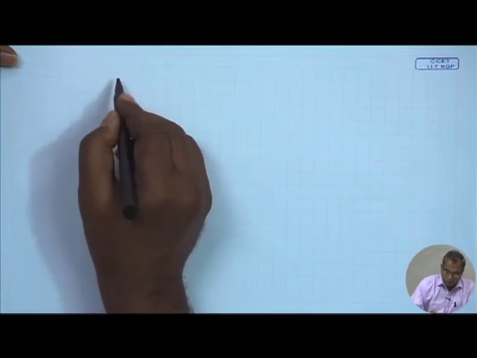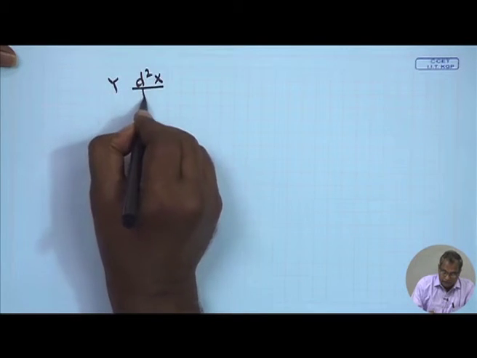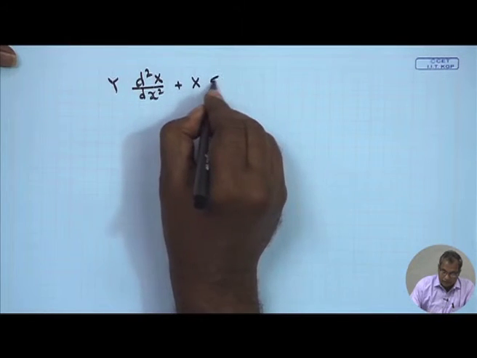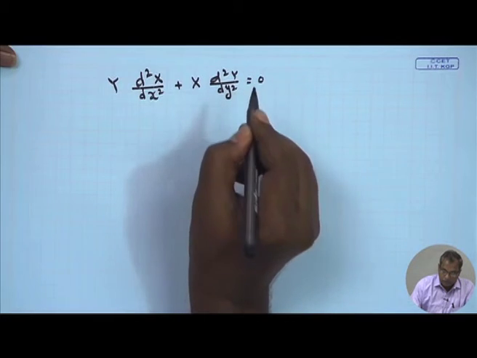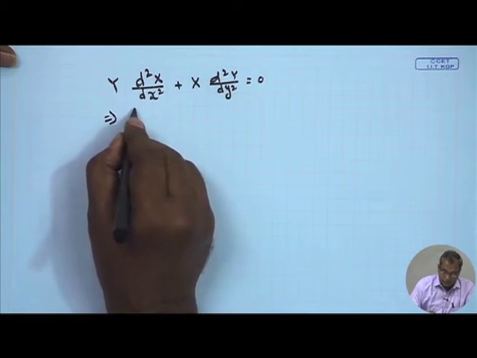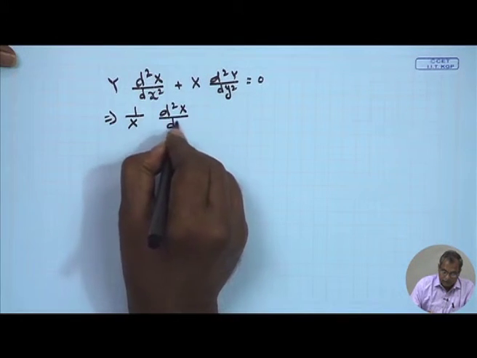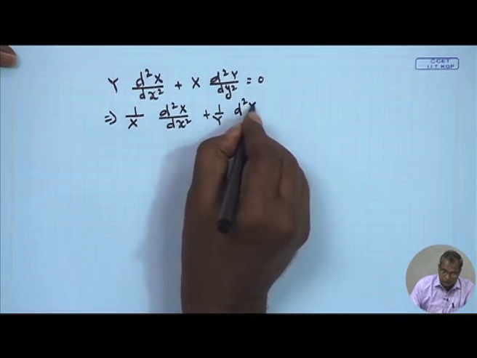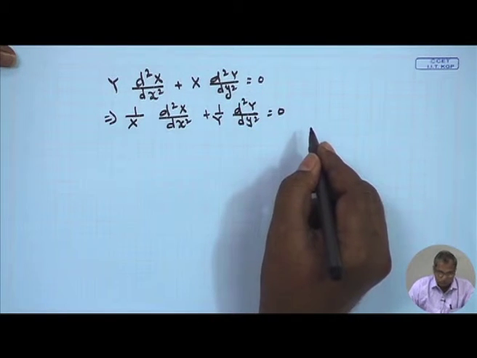If we do that, we get y d square x dx square plus x d square y dy square equal to 0. We divide both sides by x y. So we get 1 over x d square x dx square plus 1 over y d square y dy square equal to 0.